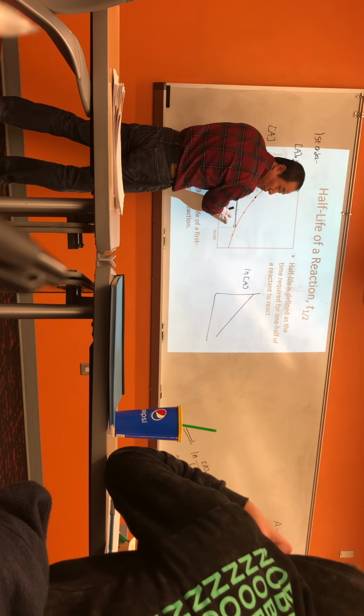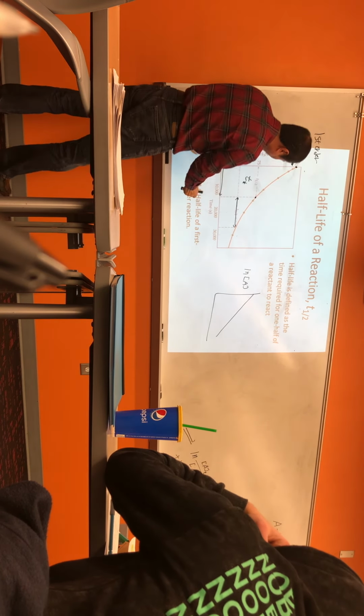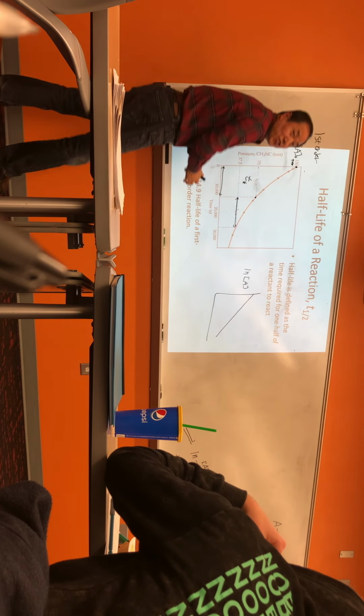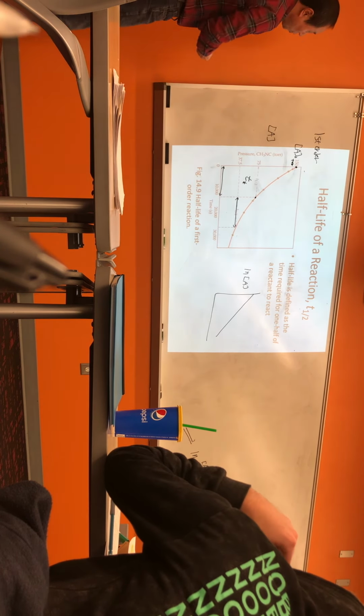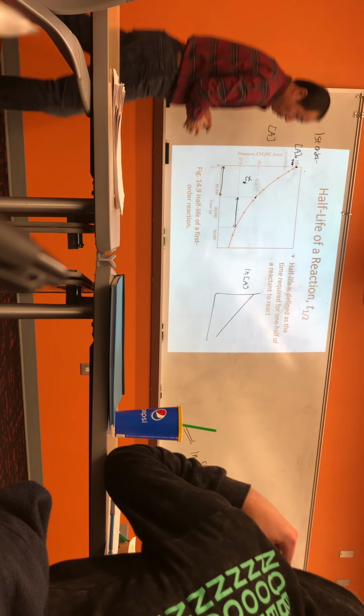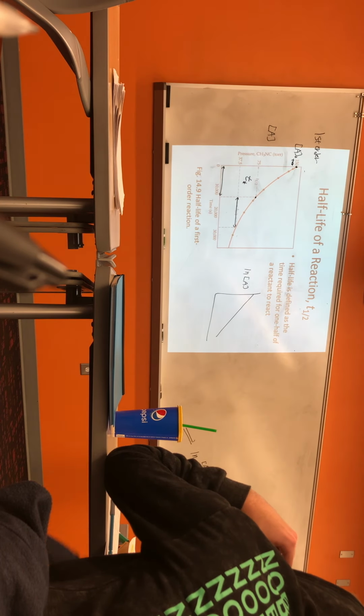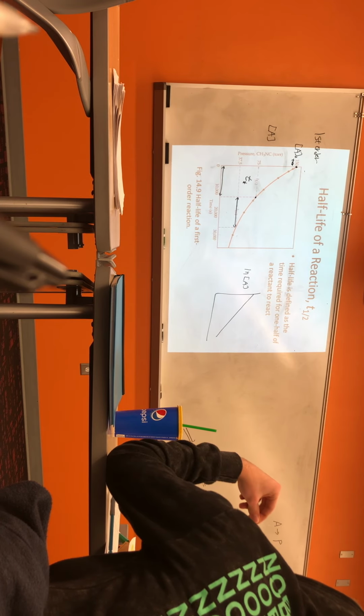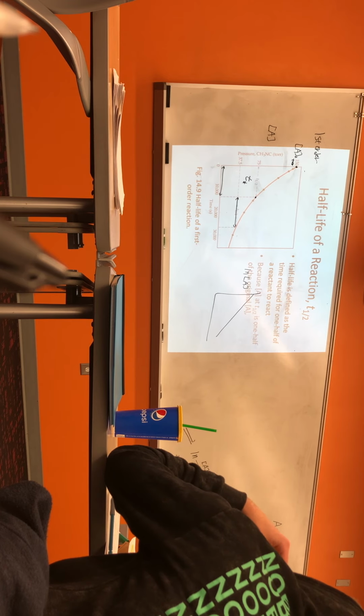But if there's a different reaction order, the half-life in the first interval and the second interval will change. This comes from calculus, but we are not going to cover that. All you have to know is that the half-life of first order is constant. It doesn't change over time.